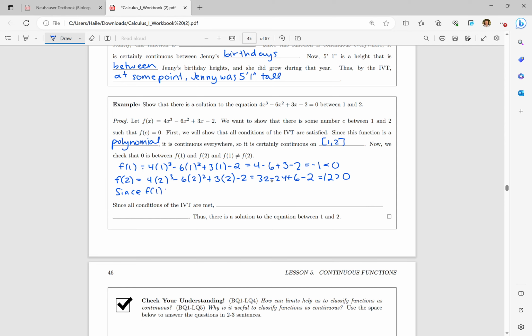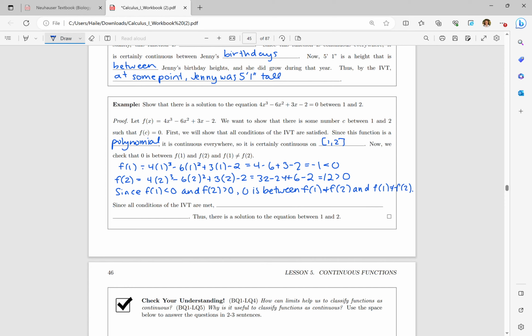So, since f of 1 is less than 0 and f of 2 is greater than 0, 0 is between f of 1 and f of 2, and f of 1 is not equal to f of 2.